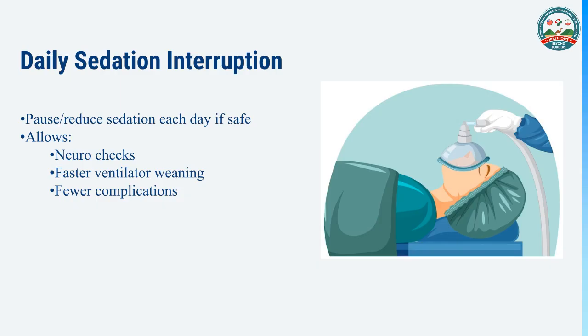It also helps with faster ventilator weaning, because the patient becomes more awake and can start breathing on their own earlier. And finally, it reduces the risk of complications, such as prolonged ventilation, delirium, and unnecessary drug accumulation. So, daily sedation interruption is a simple but powerful practice that supports both recovery and safety in the ICU.